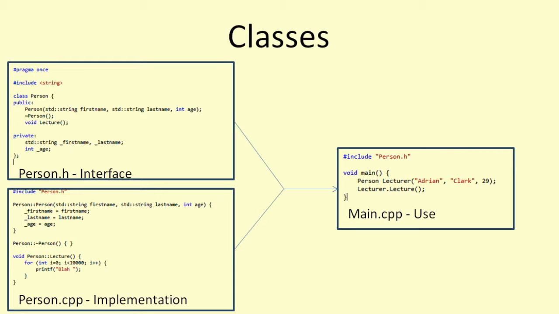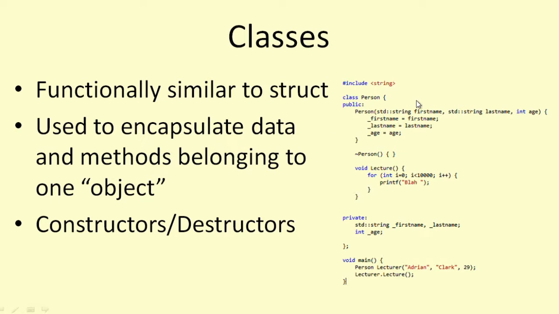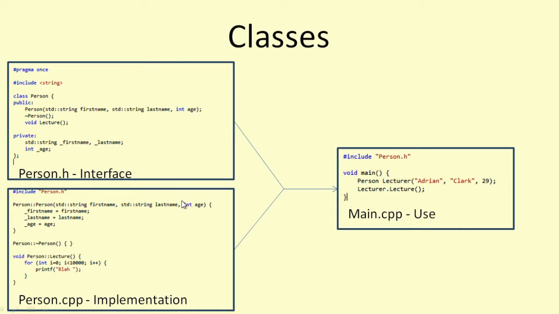One of the nice things about classes in C++ is you can actually split up their definition across multiple files to make it easier to read. So what we've got here on the left is the same declaration or definition of person, except we'll split it into two pieces. We've got the person.h, which is basically the interface.